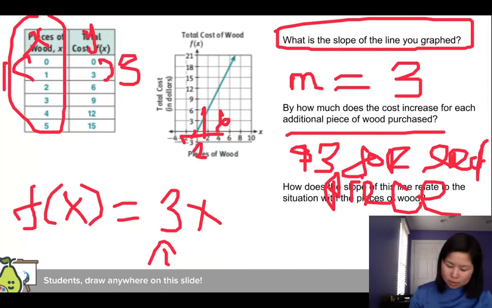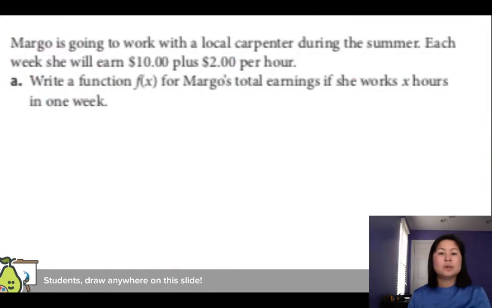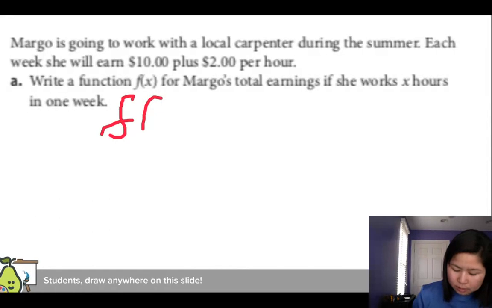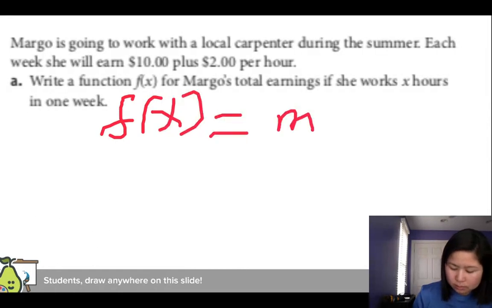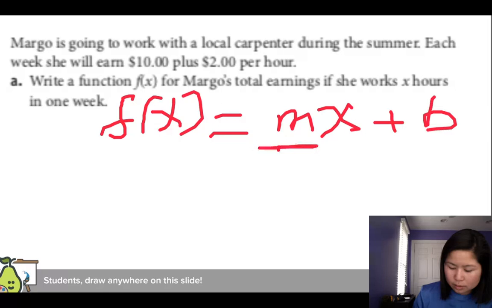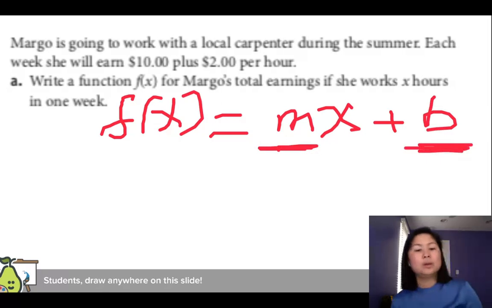All right, so I'm going to ask you to do this. I'm going to expect that you're going to put in the chat for me, okay? Here's the next question that I'm going to ask you to try yourself. Margot is going to work with a local carpenter during the summer. Each week, she will earn $10 plus $2 per hour. So you want to write that equation. I'm going to remind you the general form. You want to replace the slope and the y-intercept.